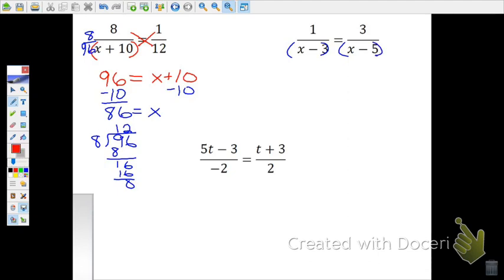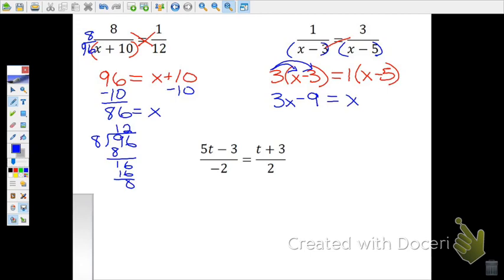This one, when I cross multiply, I have to take 3 times that whole parenthesis equal to 1 times the whole parenthesis. So on the left side, I need to distribute: 3x minus 9 equals x minus 5. So again, I've got a variable on both sides. What am I going to do first?